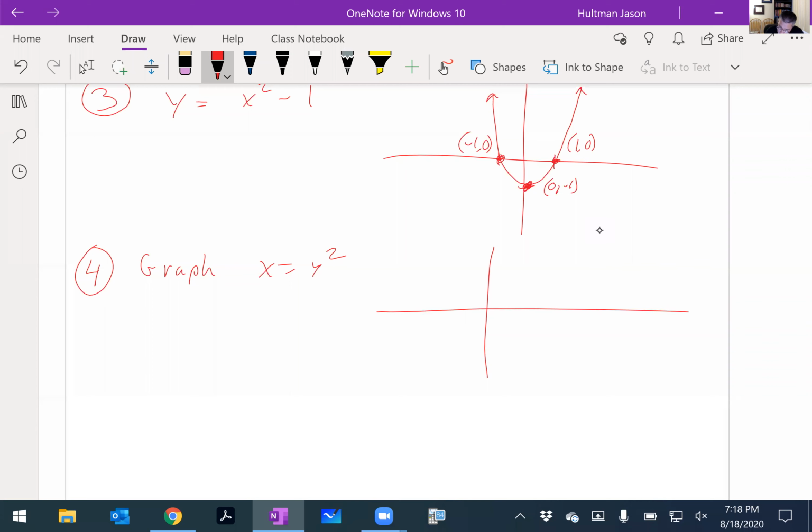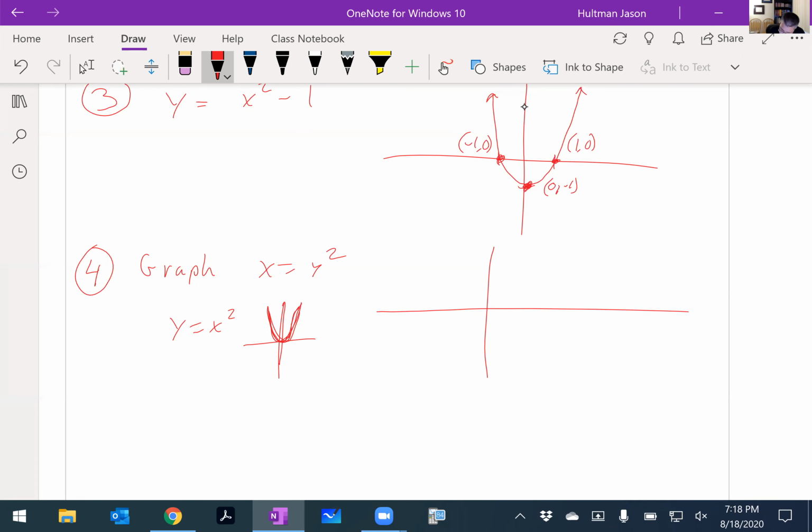It's a laying down parabola. Absolutely, Gabriel is correct. It's a parabola that is laying down. The parent function, y equals x squared, looks like this, right? That's the parent function parabola.